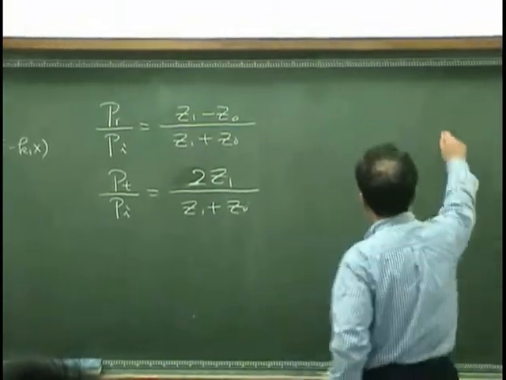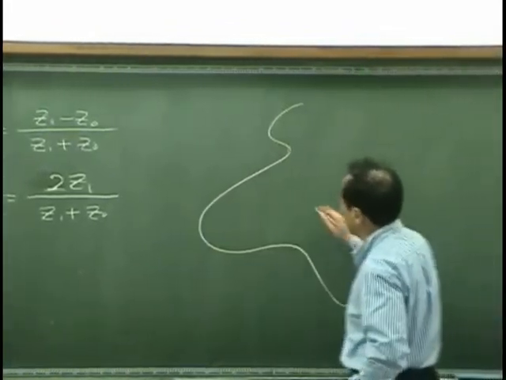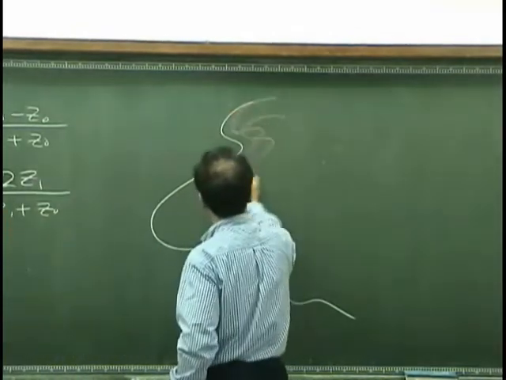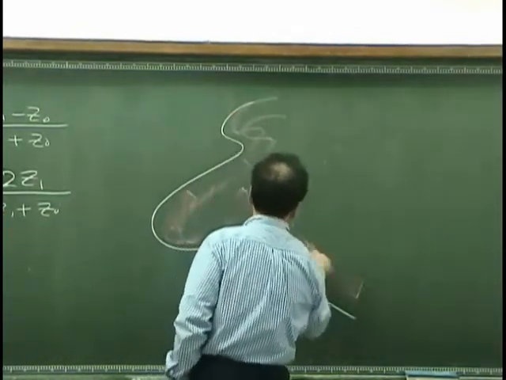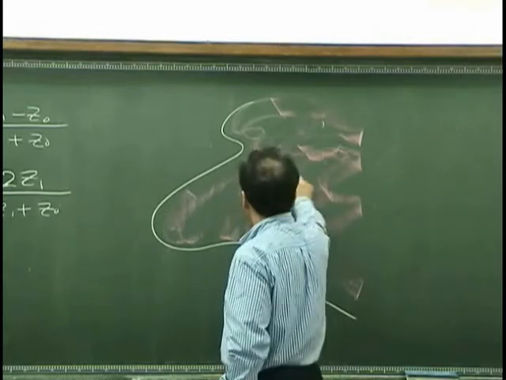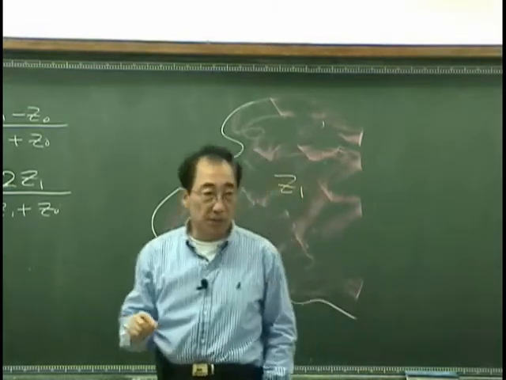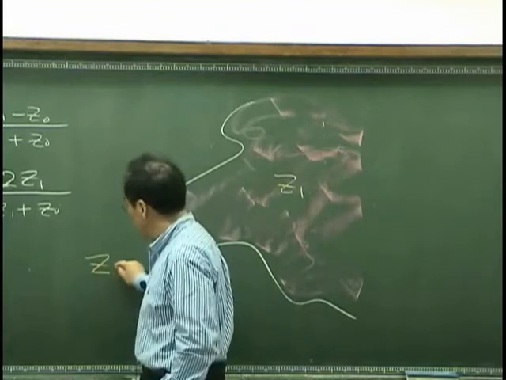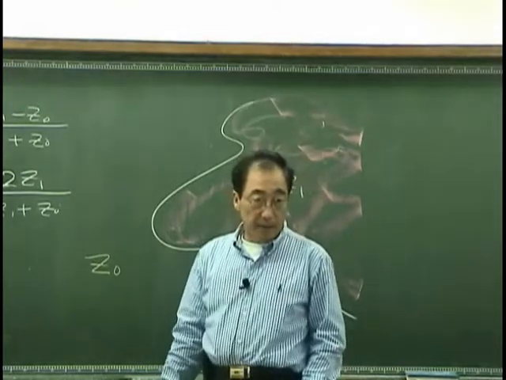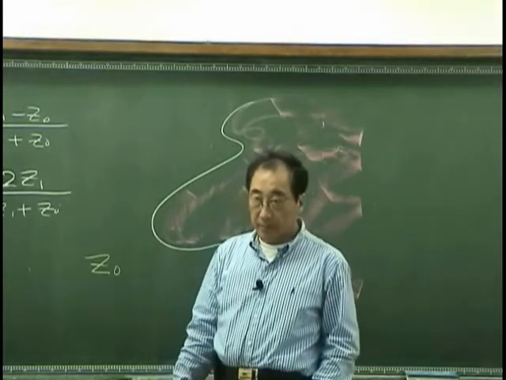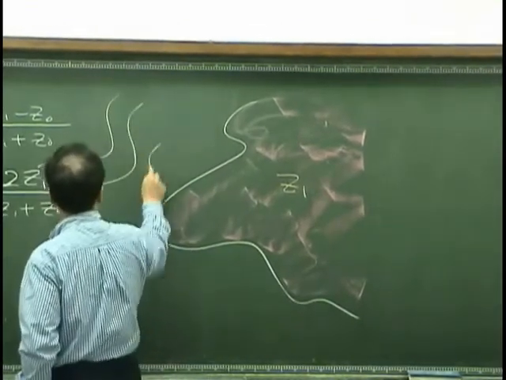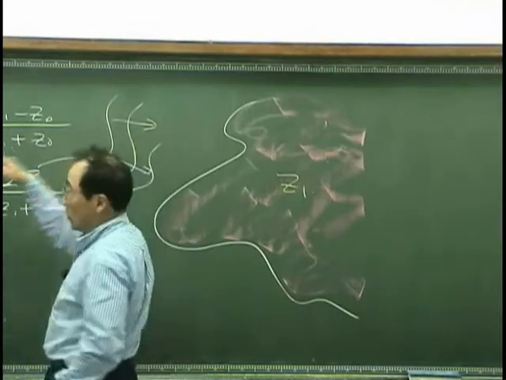For example, when we have this kind of surface that is filled by another medium, and the characteristic impedance of this medium is Z1, and the characteristic impedance of this medium is Z0. First, the general wavefront may look like this, no longer a plane wave.